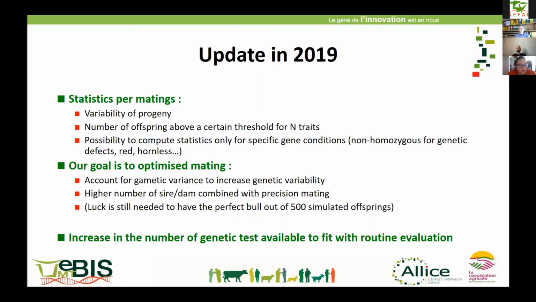The idea was to show breeding companies that they can maybe use bulls with a slightly lower GEBV but a higher gametic variance. We hope that they will use a larger number of bulls in order to achieve a top mating and have a top bull.